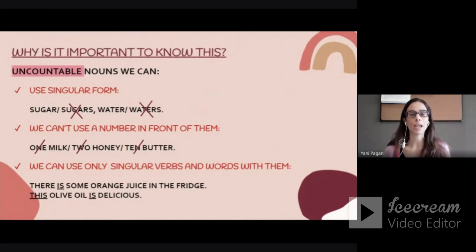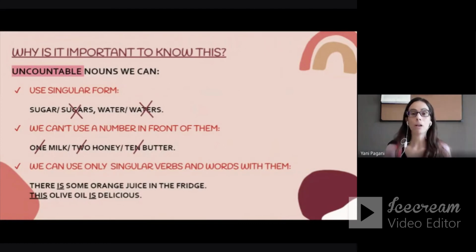So I can't say 1 water or 1 milk or 2 honey, because they are only singular. And finally, we can only use singular words and singular verbs with them.